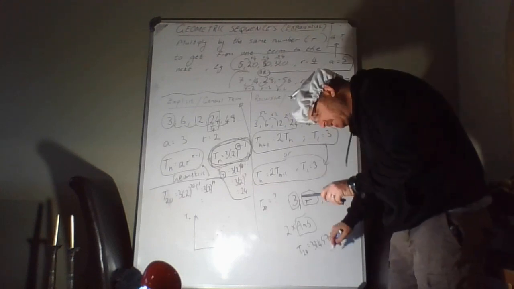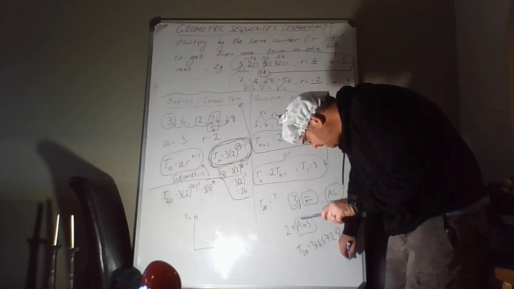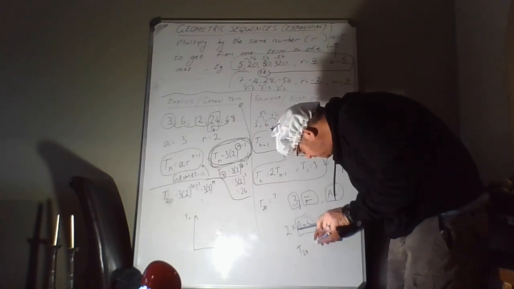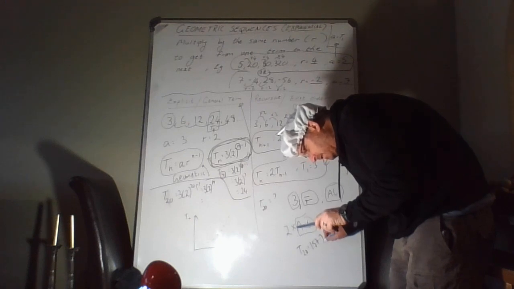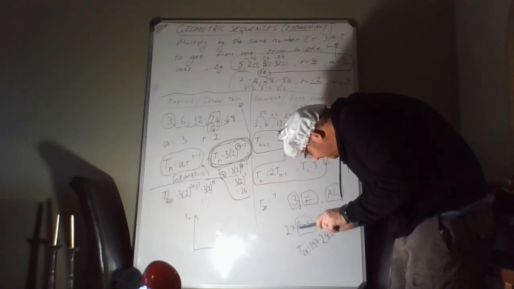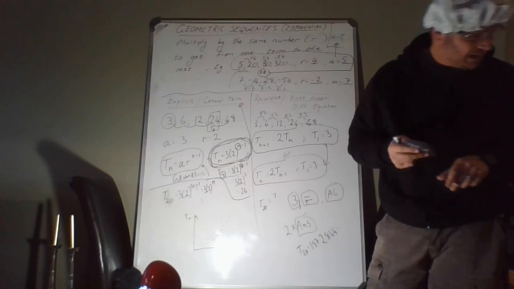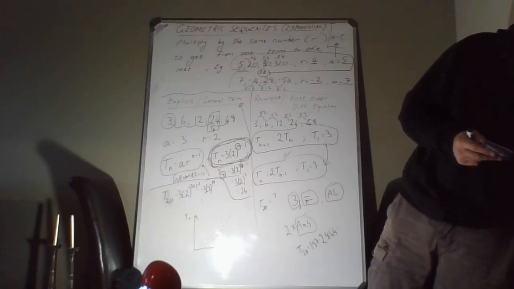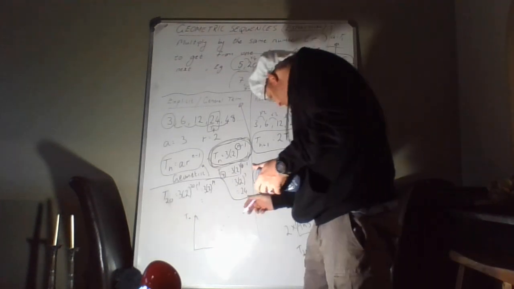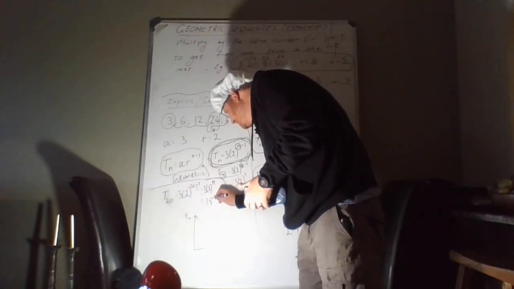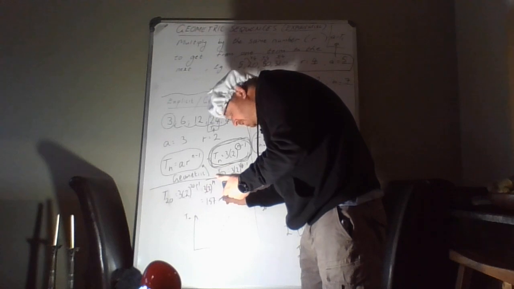actually, sorry, this T20 should have been 1572864. I must have counted wrong. 3 times 2 to the 19 is 1572864. So that should be your answer.